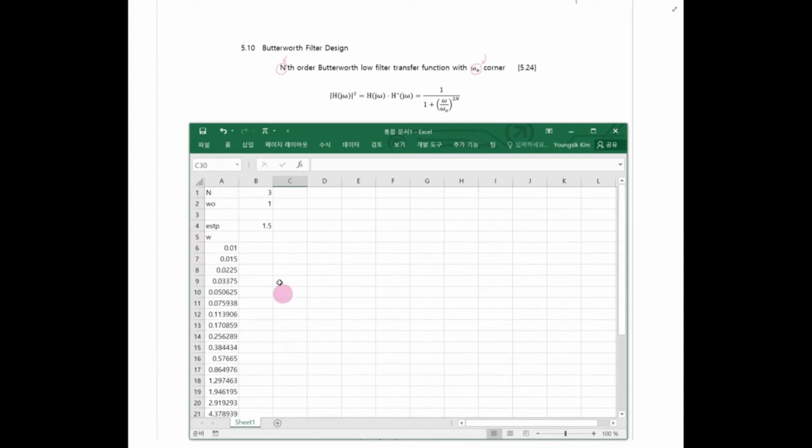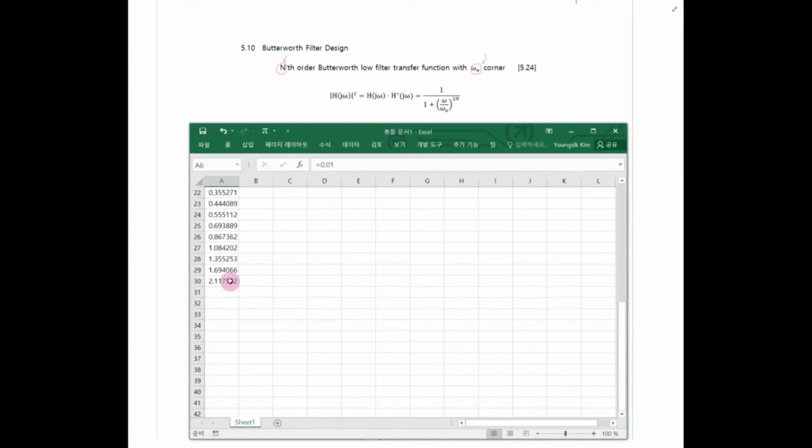Okay, I would like to plot a little bit finer. That will be better. I reduced the steps up to 50.